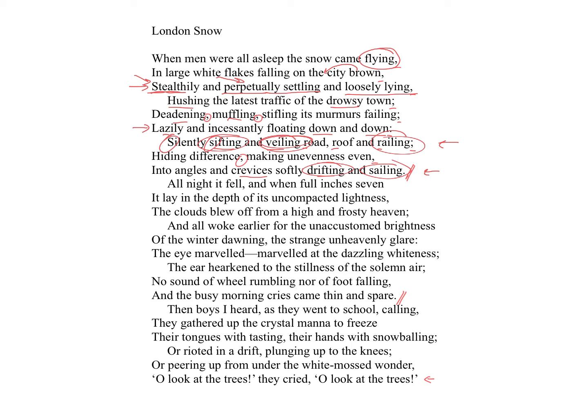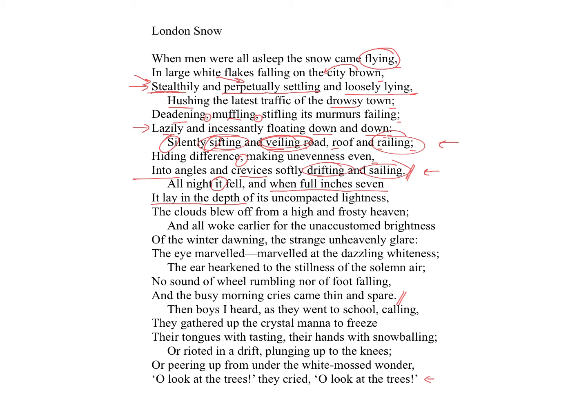So then we look at our next sentence. We're going to say, all night it fell, and identifying our pronouns, the it is clearly going to be the snow. And when full seven inches lay in the depth of its uncompacted lightness. This is one of those syntax things again, one of those word order ideas.